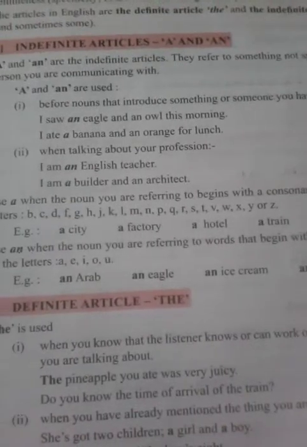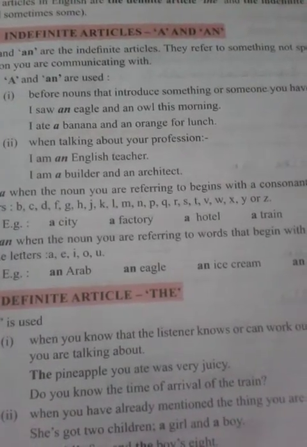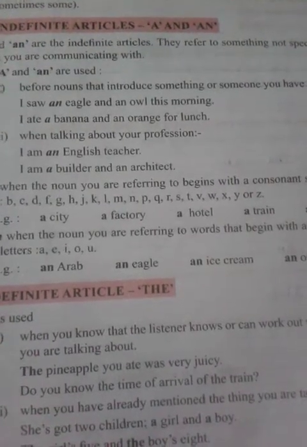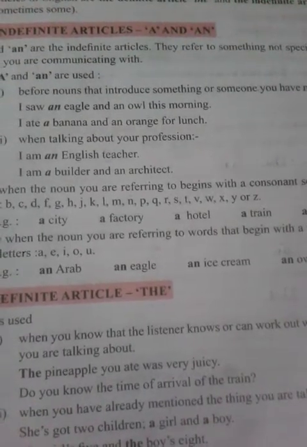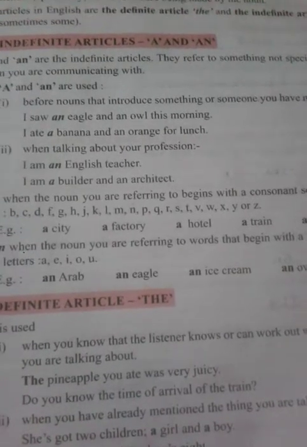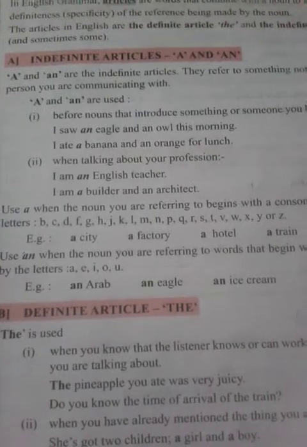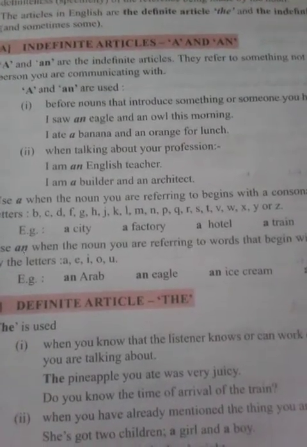Next, use a when the noun you are referring to begins with a consonant sound represented by the letters B, C, D, F, G, H, J, K, L, M, N, P, Q, R, S, T, U, V, W, X, Y or Z. Now these are the letters before which you have to put a.